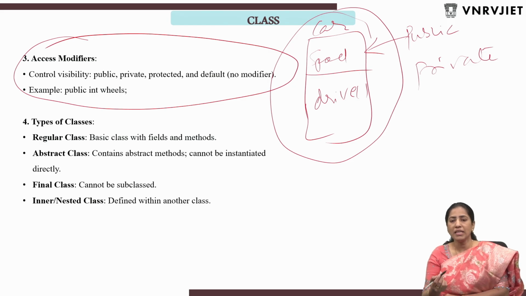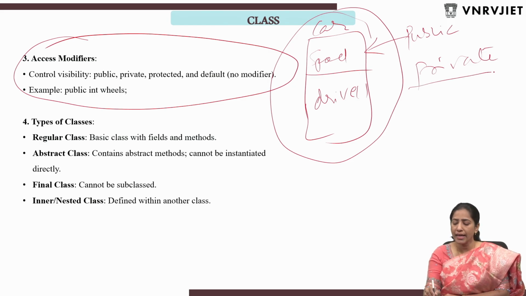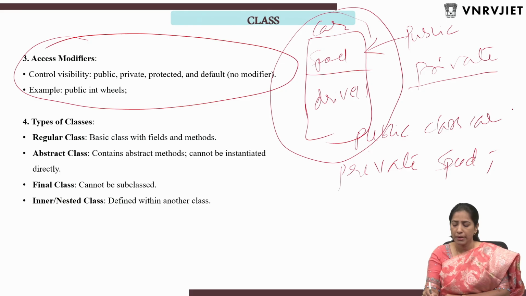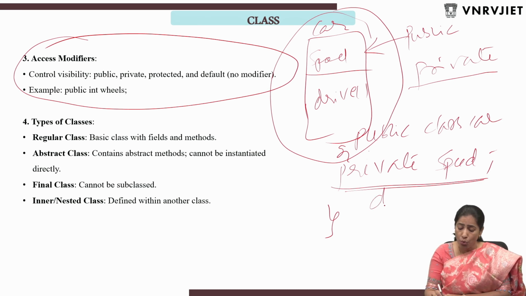In the coming classes, we will see what happens when you declare a variable as private. Let us say I have declared private speed in a car class. So here I am mentioning the class as public, with a private variable. Then who can access this private variable? The private variable can be accessed only by the methods of a class.